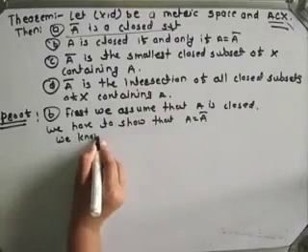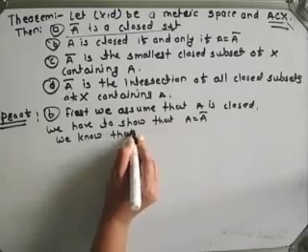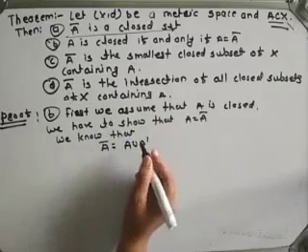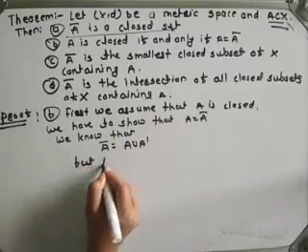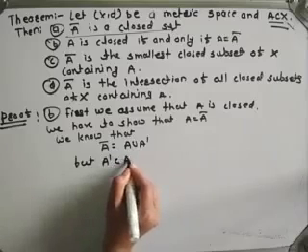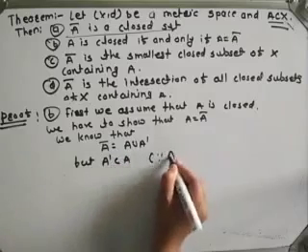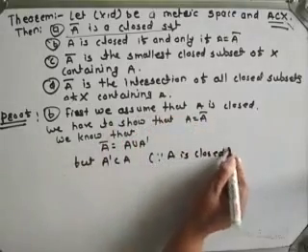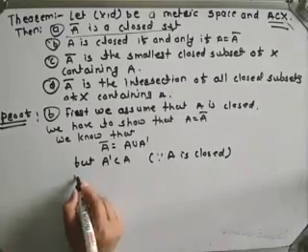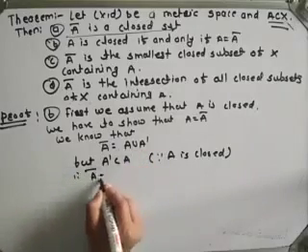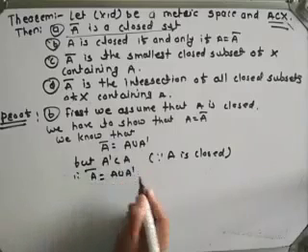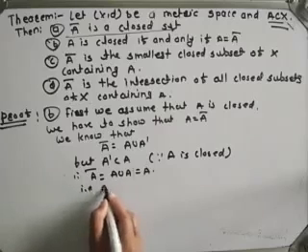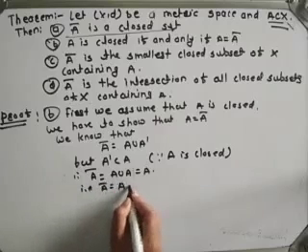We know that A closure is equal to A union A dash, but A dash is always a subset of A, because our assumption is A is closed. Therefore, A closure is equal to A union A, which is equal to A. That is, A closure is equal to A.